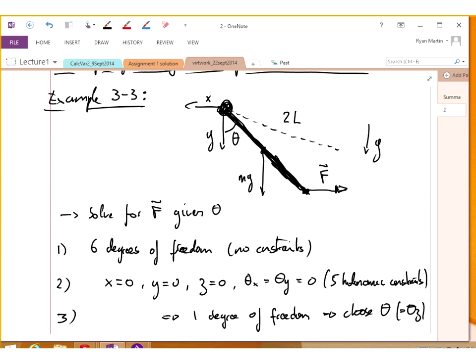So the final thing now is to write out the positions of where the forces act in terms of the generalized coordinates. So what we need ultimately is delta R1 and delta R2 if mg acts at R1 and f acts at R2. So mg acts at a point, a vector, let's say, that we'll label R1.